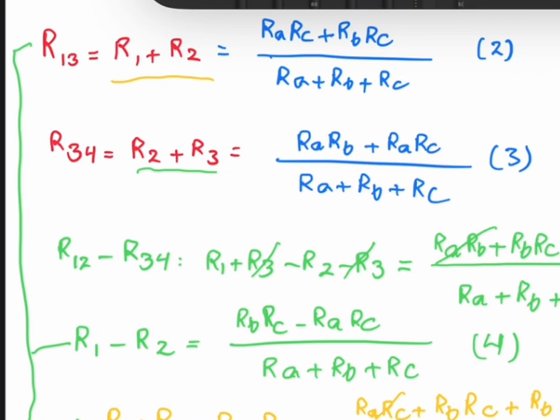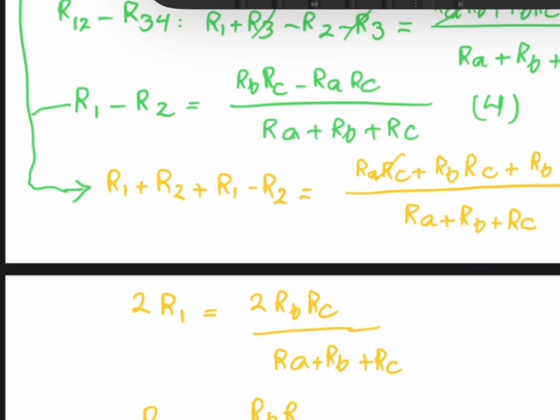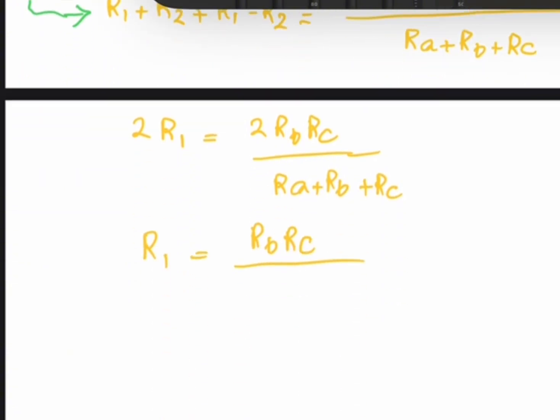RA RC is cancelling. What I will have is 2R1 equal to 2RB RC over RA plus RB plus RC. Or I can simplify: R1 is RB RC over RA plus RB plus RC. This is my R1.